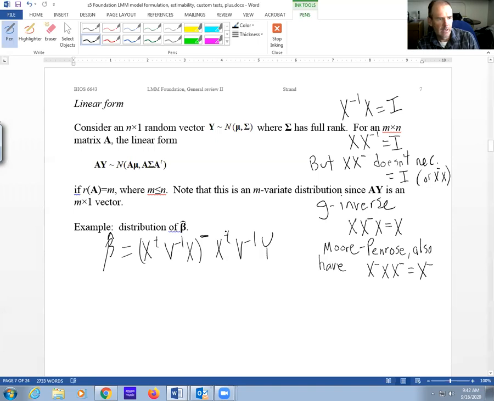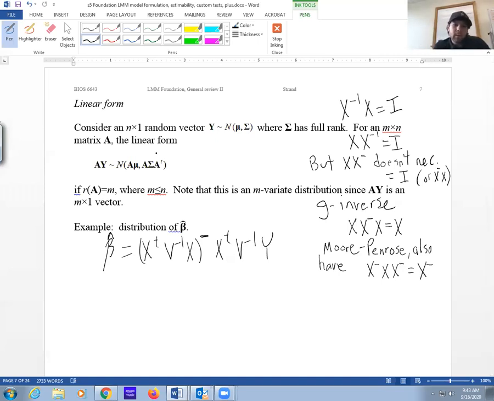Okay, now how can we apply this linear form that we're talking about here? It looks different, right? So how do we express or pack this into this result up here? Do you multiply the mean by everything that's before y?